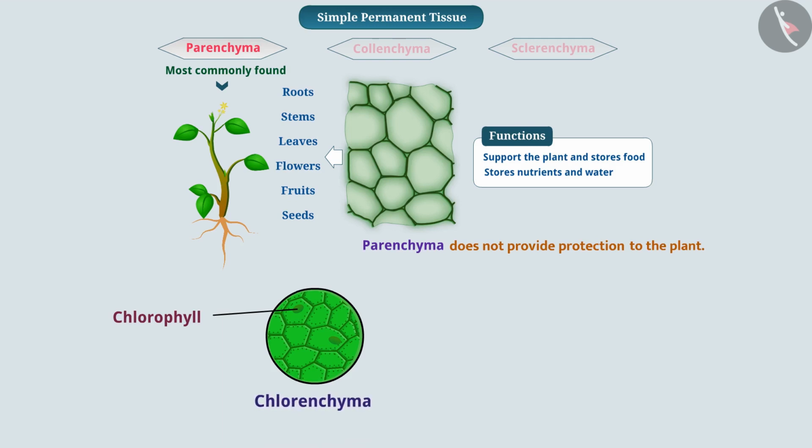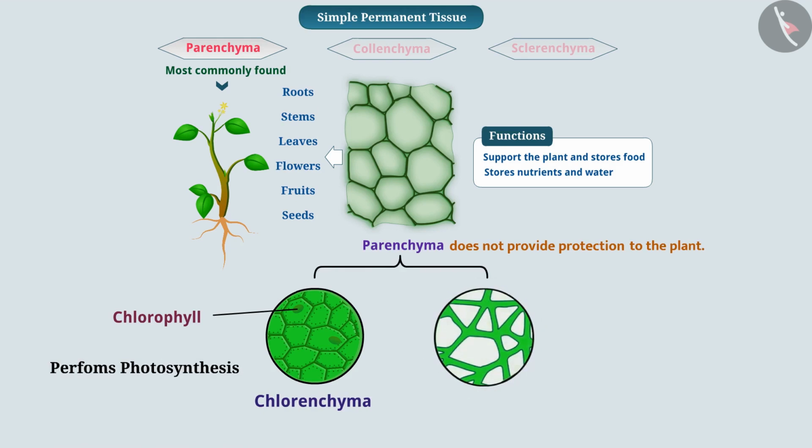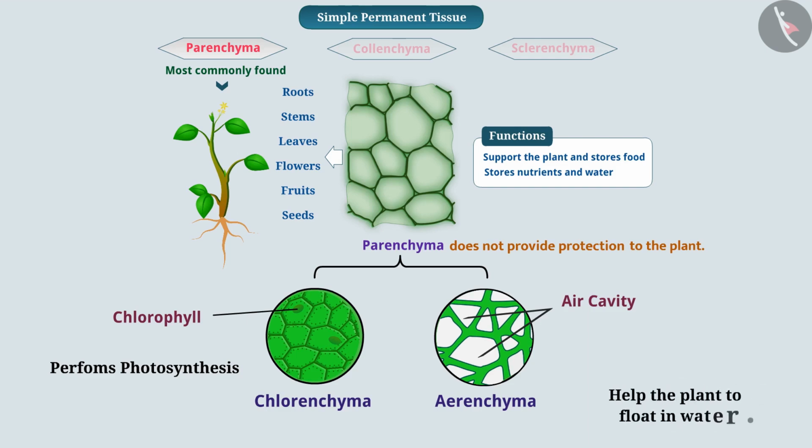These tissues perform photosynthesis. Similarly, the tissue of parenchyma, which has large air cavities in its cells, is called aerenchyma. Air cavities help the plant to float in water. Therefore, aerenchyma is present in aquatic plants.